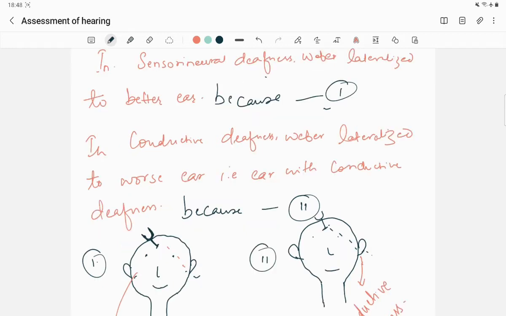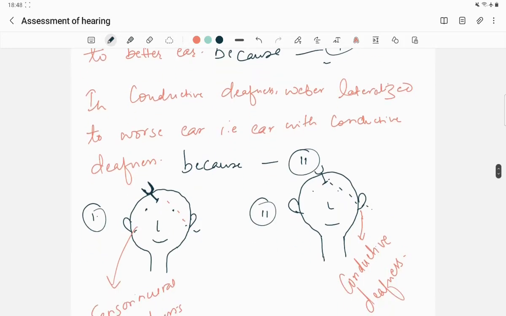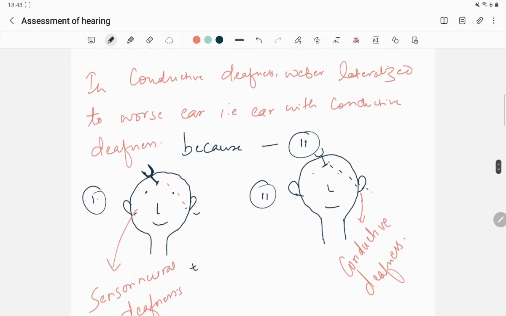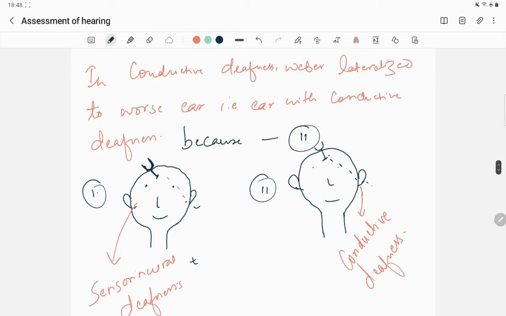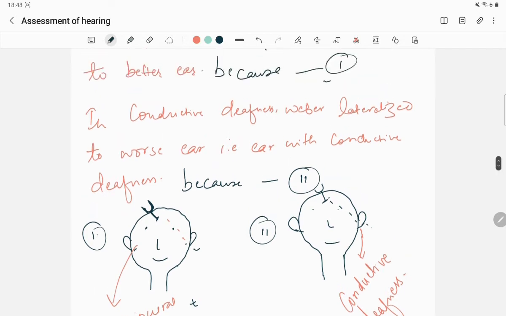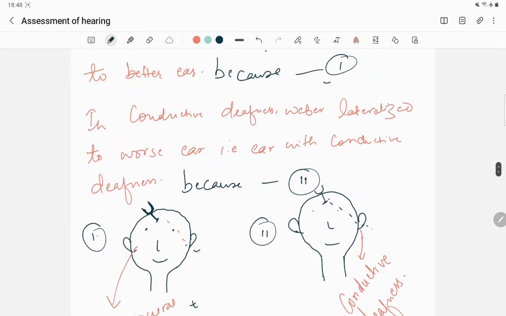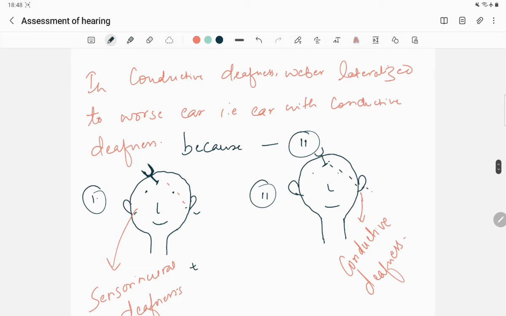In sensory neural deafness, as in this case, Weber is lateralized to the better ear. So I told you that here the right ear has sensory neural deafness since Weber is lateralized to the left ear, because bone conduction works by stimulation of the cochlea, which is a sensory neural pathway.